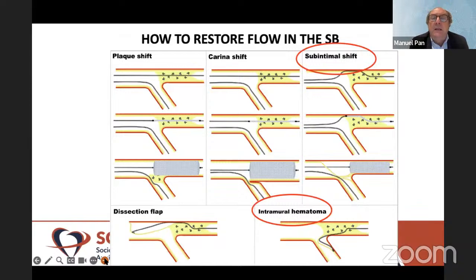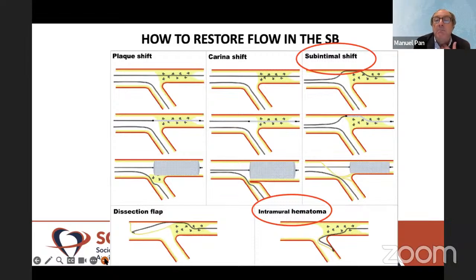These are all the possible mechanisms of side branch occlusion, of side branch compromise during the treatment of a bifurcation in the context of the CTO. Plaque shift and carina shift are the common mechanisms in regular bifurcation.